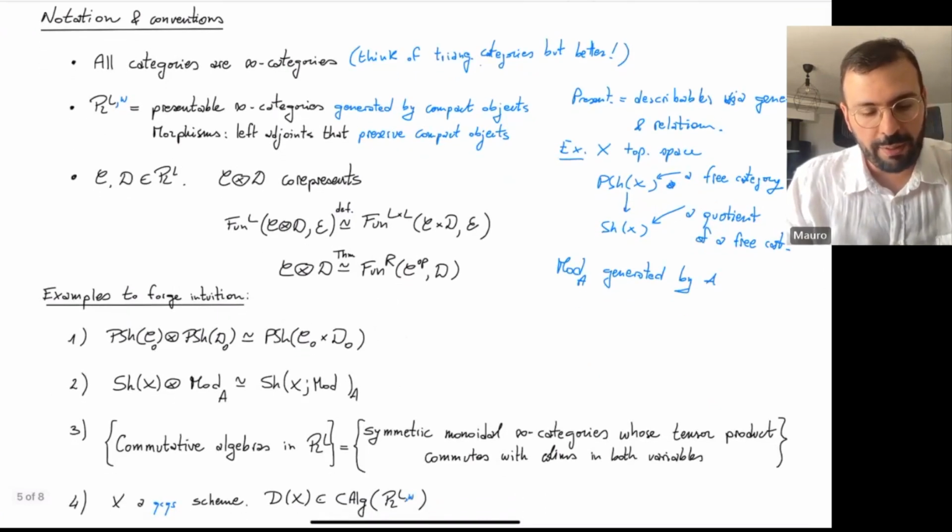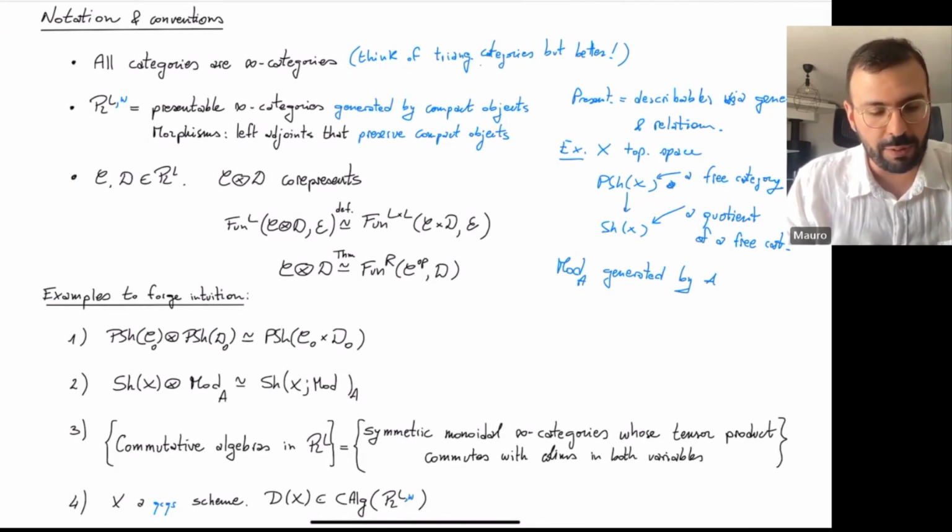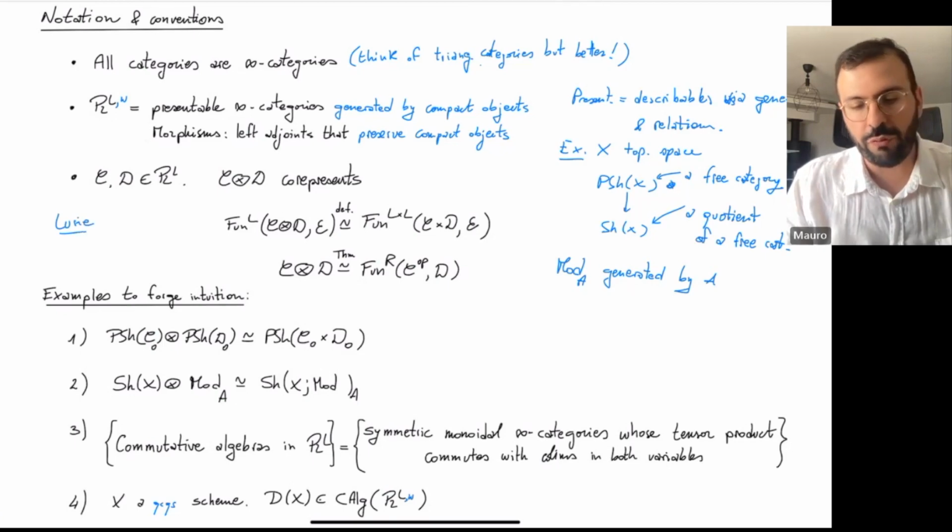And now, one great bit of technology that has been developed in the last 20 years by people like Lurie, for instance, is a notion of tensor product of categories. The definition is very similar to what you would expect from the tensor product. It is the thing that represents functors that are continuous in both variables.